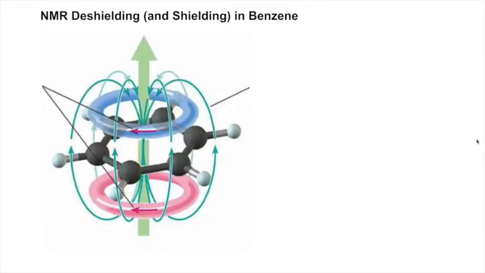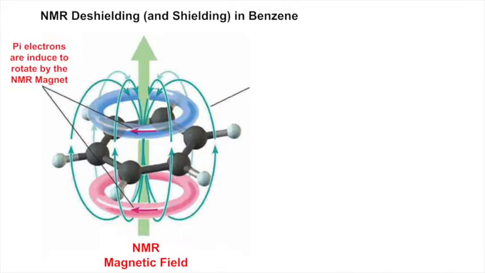Okay, so now back to benzene. Benzene is really interesting because of its pi bonding above and below, perpendicular to the plane of the atoms. And that green arrow is to represent the NMR's magnetic field. And the pi electrons are induced to rotate by the NMR's magnetic field.